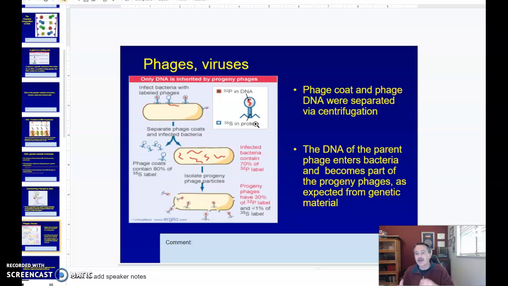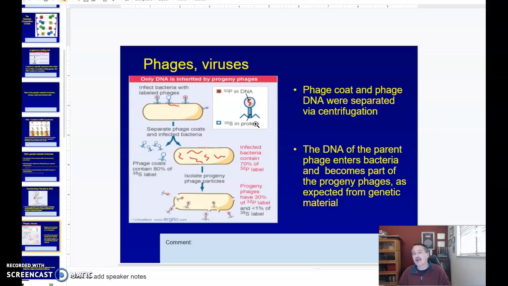If the new little organisms had P32 in them but no S35, this would basically say, all right, the transference of genes is in the DNA going from the parent virus to the new viruses. If the majority of the genes is in the S35 or is in the proteins that are in the cell membrane, then the majority of the S35 would be found in the new little viruses.